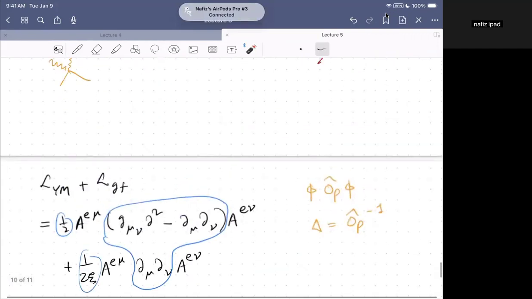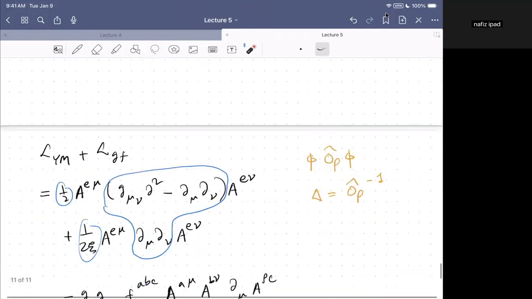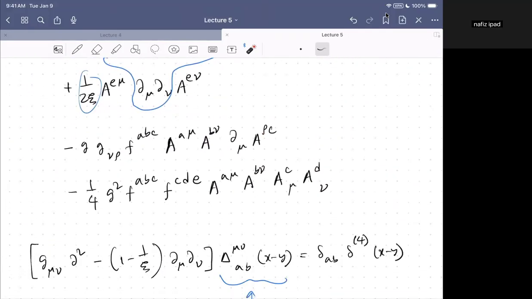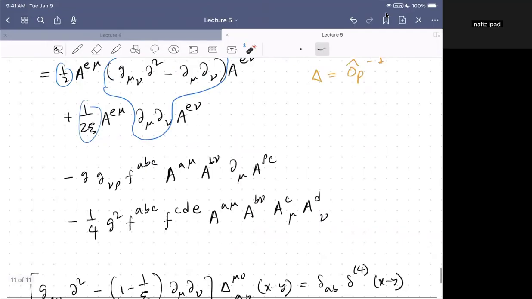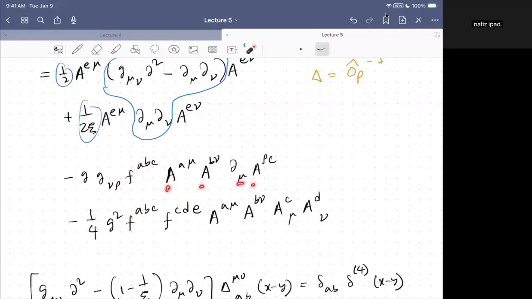So now you know the gauge propagator, but notice some other things that are new to non-abelian cases. You probably have seen a lot of these things in the abelian gauge theory as well. But these terms are unique to non-abelian gauge theories because they involve the structure constant, which is 0 in the abelian case. These terms are simply interaction terms, right? Because they have multiple A's.